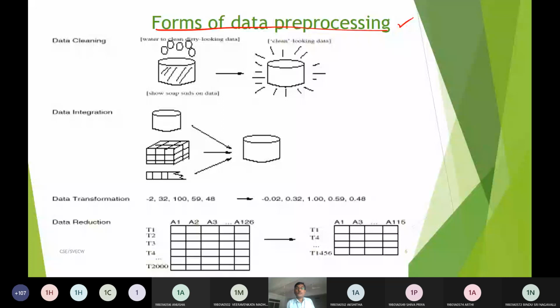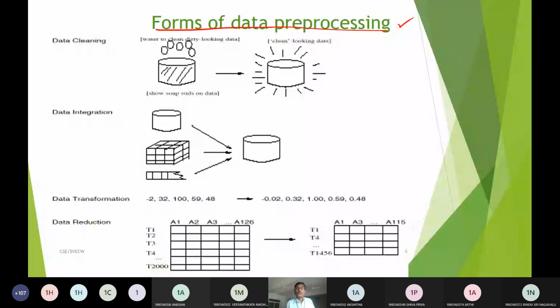What will the multiple sources be? One can be comma separated values. Two can be something else. Three can be data represented in a cube, and four will be some database management system. All these four are put together and we call it a data warehouse.